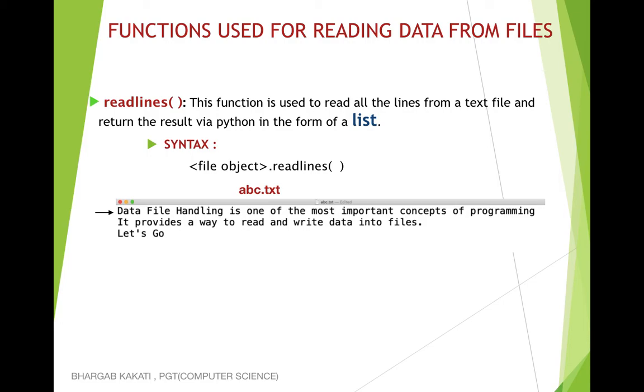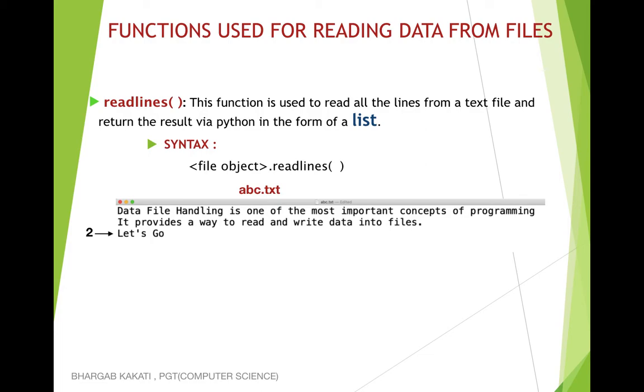The first item of this list will be the first line, the second item will be the second line, and the third item will be the third line. The index of the first line will be 0, the second line will be 1, and the third line will be 2. This is forward indexing.